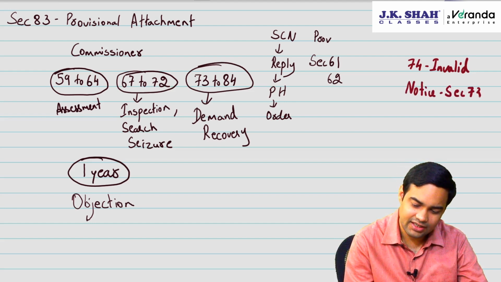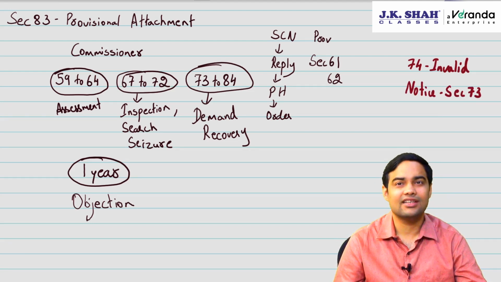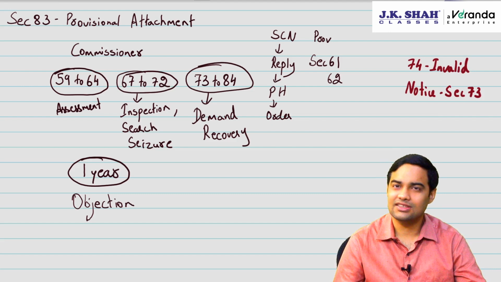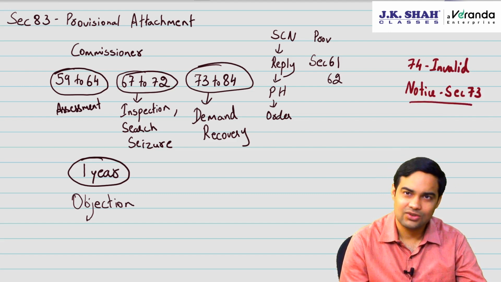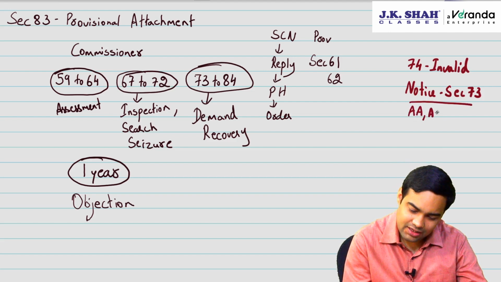So if the department is not able to prove that there is a fraud, and I am able to prove that there was no fraud, then 74 will be considered invalid. It is deemed that notice is issued under 73. This will come from an appellate authority, appellate tribunal, high court or supreme court order.